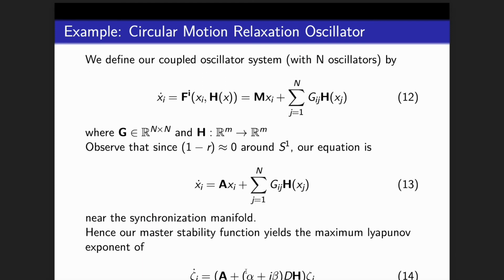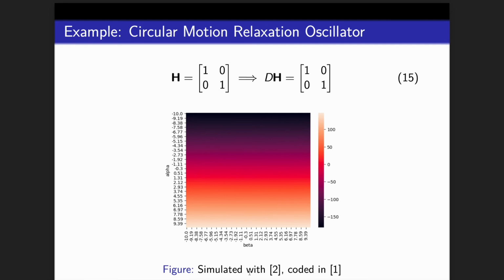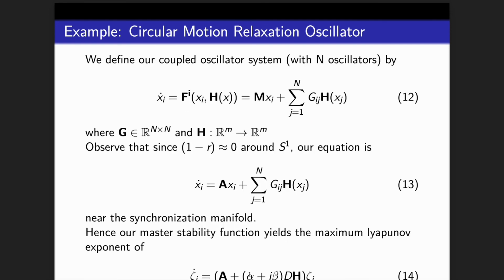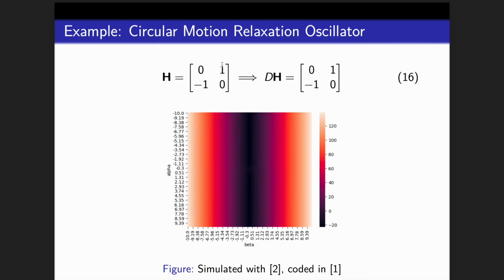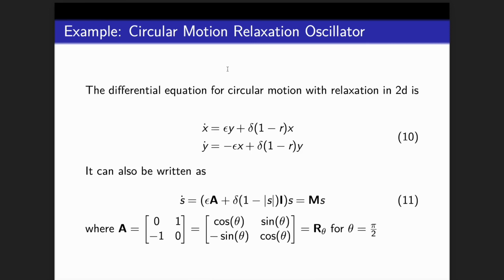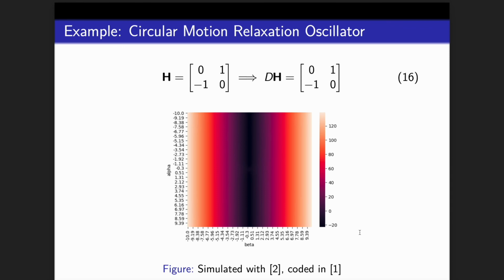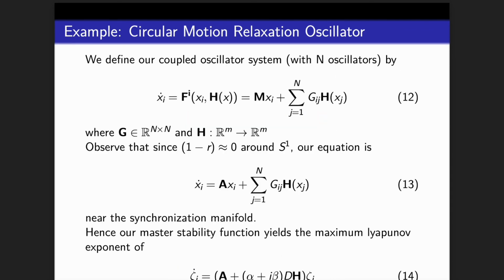And this makes sense because the DH is basically contributing to pushing the points away from or towards the origin. So it's going to cause this effect. Whereas if we choose H to be basically just A here, the rotation matrix with theta equal to pi over 2, then the real component of the eigenvalue is basically just going to contribute to motion along the circle, speeding that up more or less, but it's not going to actually scale the vectors.